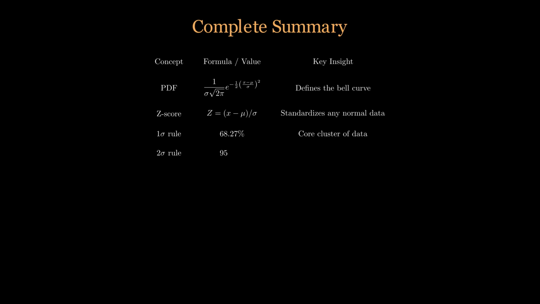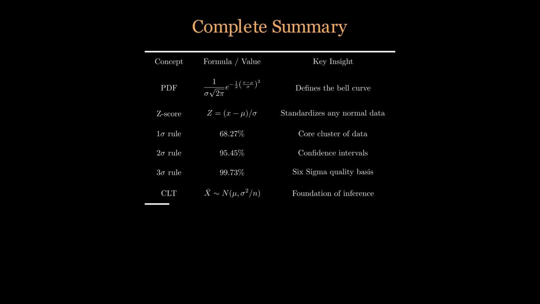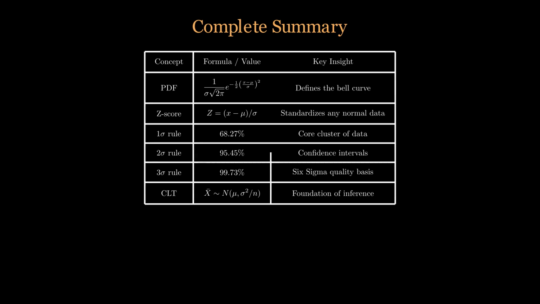And the central limit theorem guarantees that sample means follow a normal distribution, forming the foundation of statistical inference. Master these 6 concepts and you have a complete toolkit for working with normal distributions in statistics, data science, and machine learning.